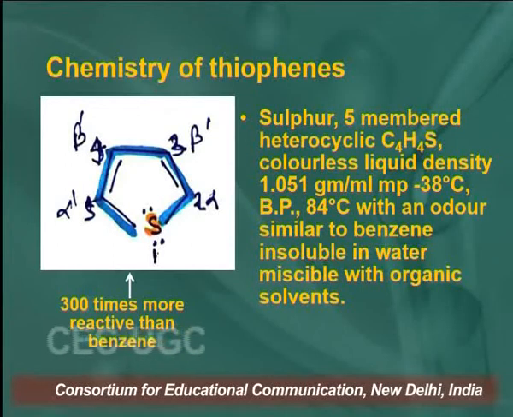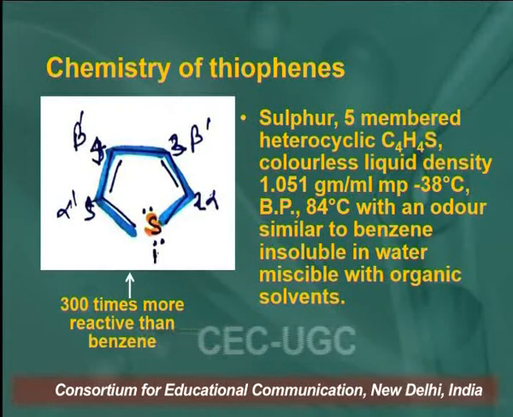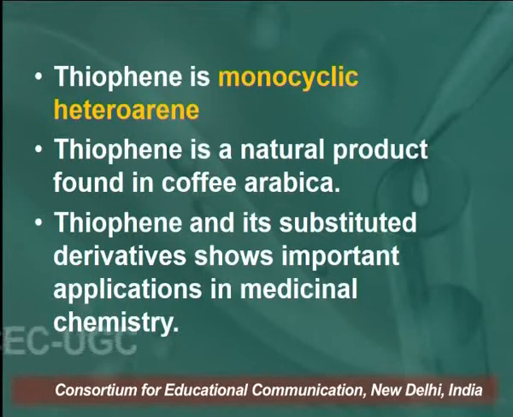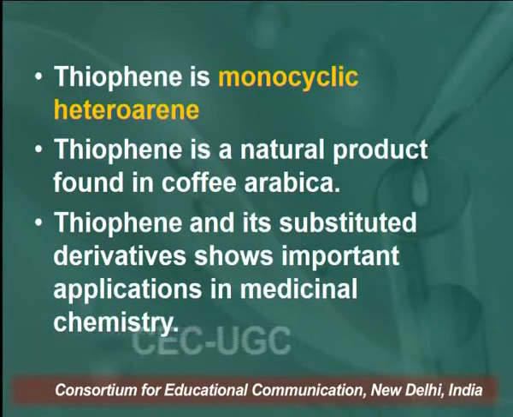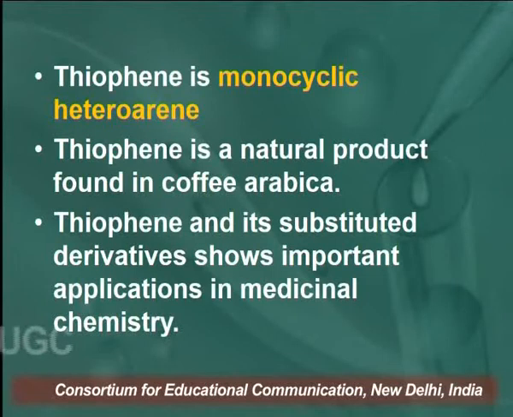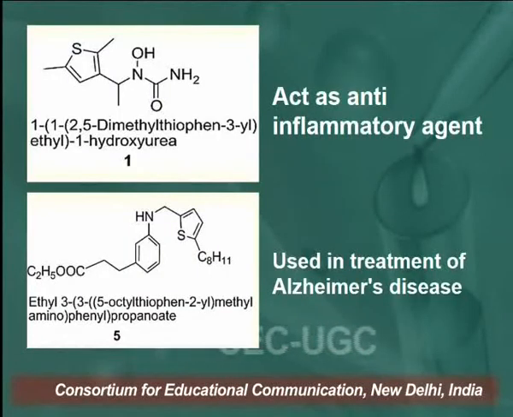If the stability is more, the reactivity is less. So, thiophene is a monocyclic heteroarene. Thiophene is also a natural product found in coffee arabica. Thiophene and its substituted derivatives show important applications in medicinal chemistry. So, these are the thiophene derivatives.